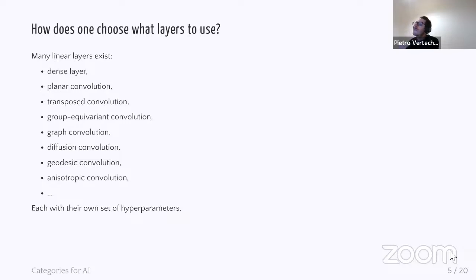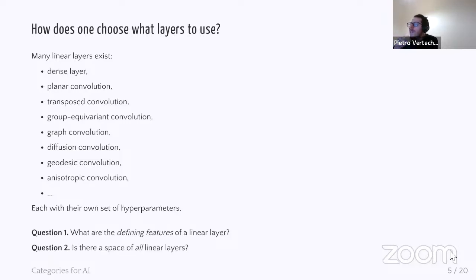From a more conceptual point of view, this leads to two very open-ended questions. Question one, given that this plethora of linear layers exists, is what are the defining features of a linear layer? What is it that makes some operator a linear layer?